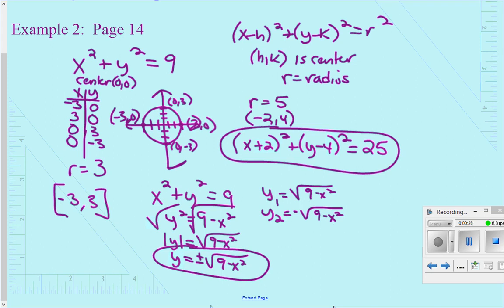And when I graph the positive square root, I'll get the top half of the circle. And when I graph the negative square root, I'll get the bottom half of the circle. And that's how you have to type it in the graphing calculator. There's no way of entering plus or minus at the same time, so you have to enter them separately. But anyway, once you enter that into your graphing calculator, you'll be able to fill in the rest of that table on page 14.